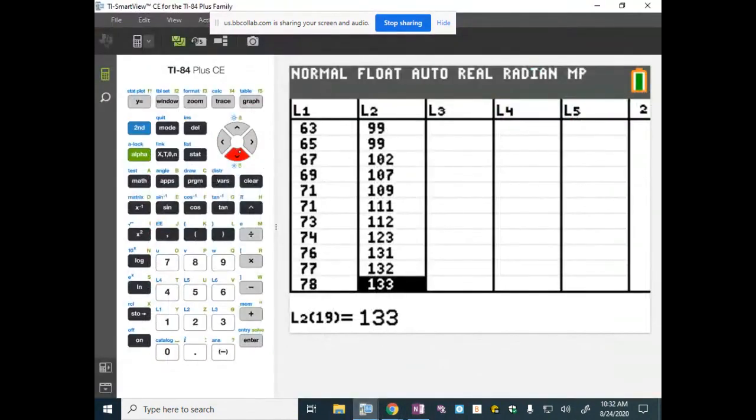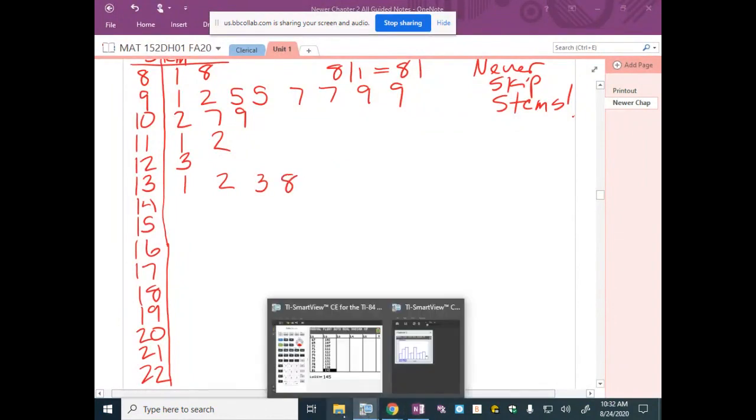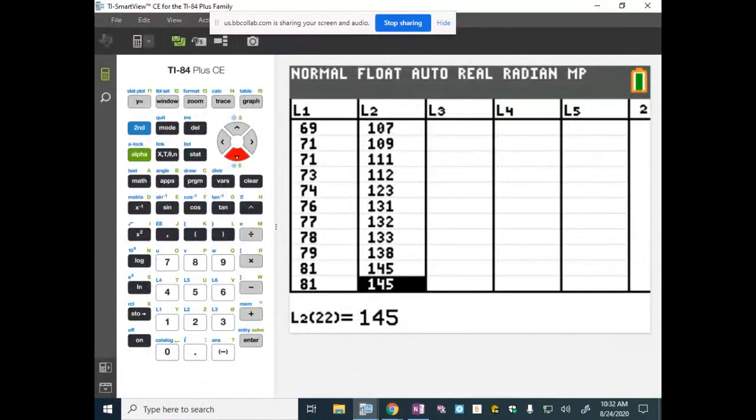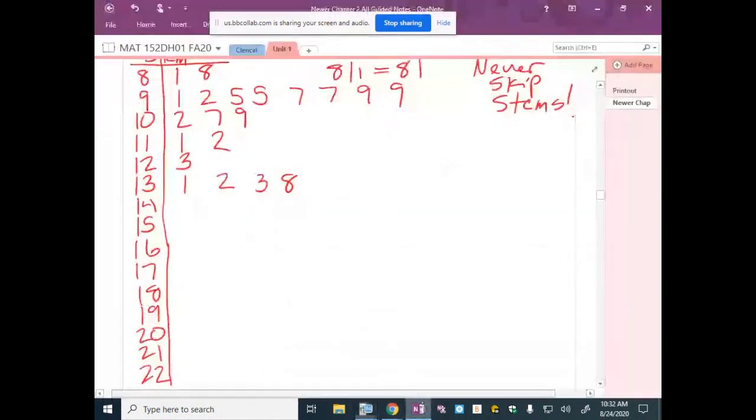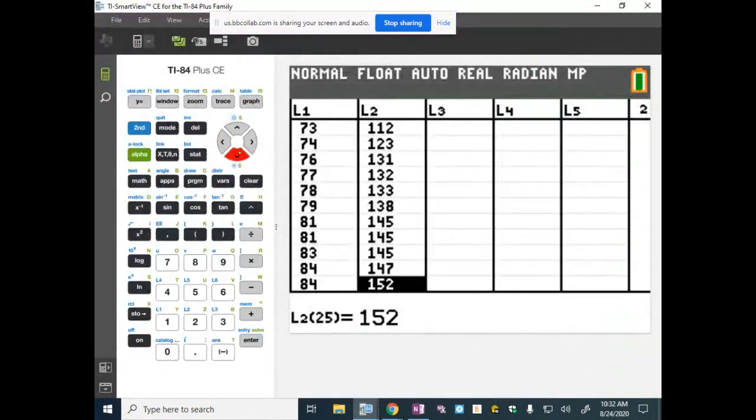Let's see, in the 130s, we have 1, 2, 3, 8. For the 140s, we've got 3 5s and a 7. Let's see, 150s, we've got 2 and 3 4s.